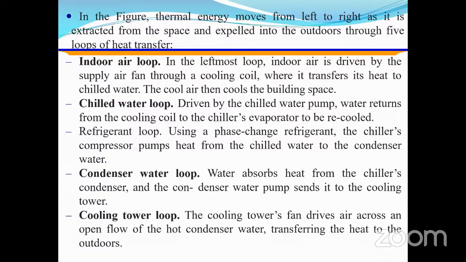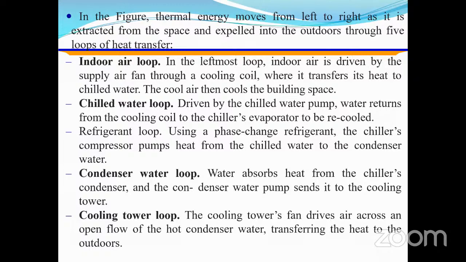Then chilled water loop. Driven by the chilled water pump, water returns from the cooling coil to the chiller's evaporator to be recooled. Refrigerant loop. Using a phase change refrigerant, the chiller's compressor pumps heat from the chilled water to the condenser water. Condenser water loop. Water absorbs heat from the chiller's condenser, and the condenser water pump sends it to the cooling tower.